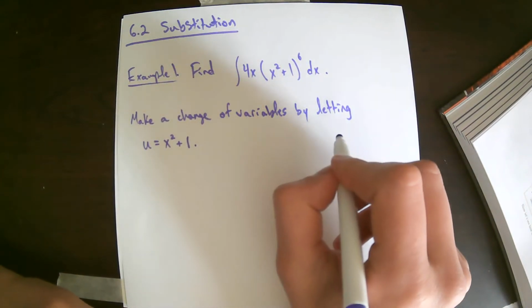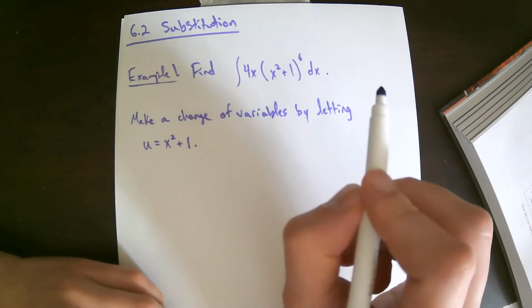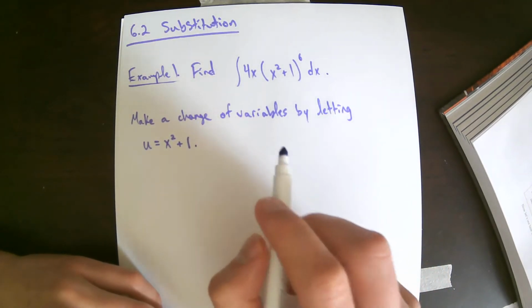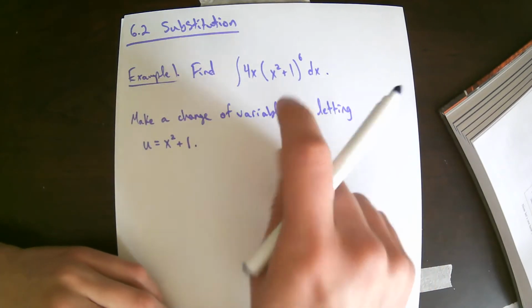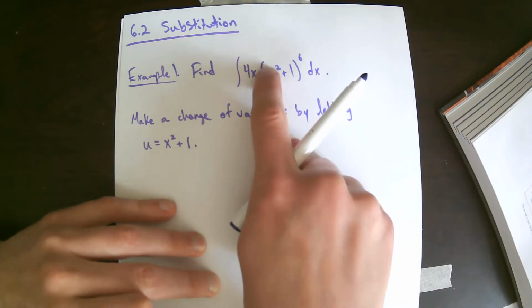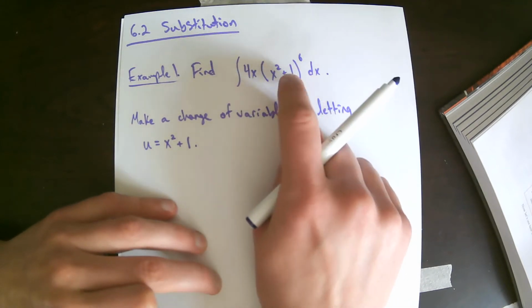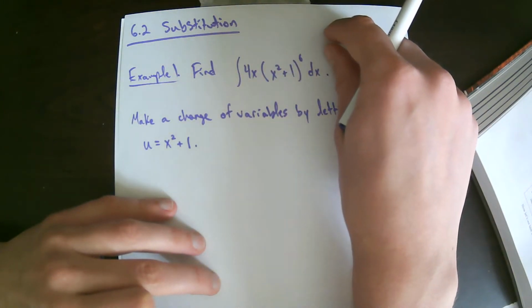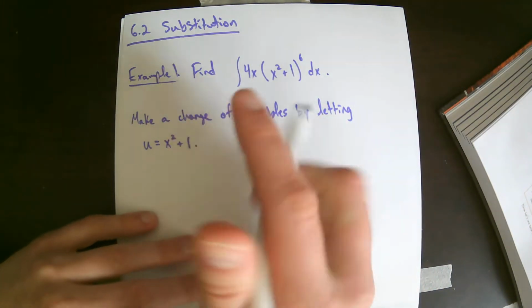Whenever you're making your change of variables and you're letting this u equal some function of x, there is usually a right choice, but there aren't any hard and fast rules that say what you have to let u be. Usually, though, if you see some function buried inside of another function, like this x squared plus 1 is buried inside of this power of 6, or if it was buried under a square root, or a natural log, or in the exponent of some exponential function, you're going to want to let u equal that interior function.